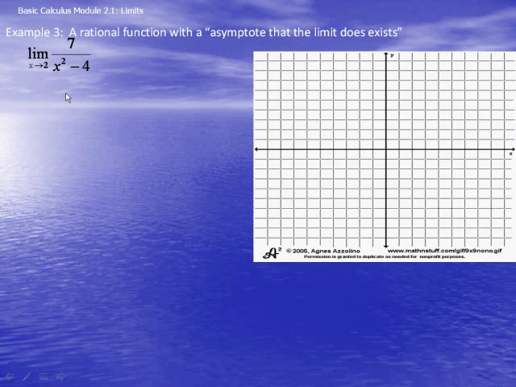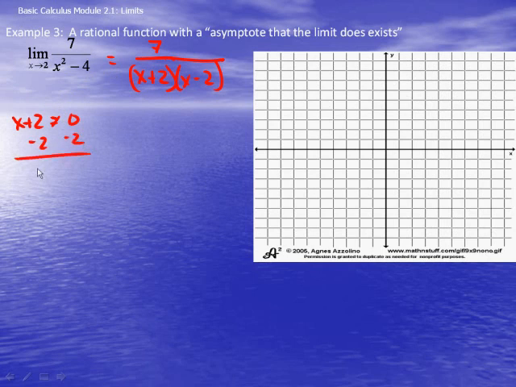Notice in this function, we're going to have two vertical asymptotes, where I factor and get x plus 2 and x minus 2 from the difference of two perfect squares. And so x plus 2 cannot be equal to 0. Subtract 2, so x cannot be equal to negative 2.